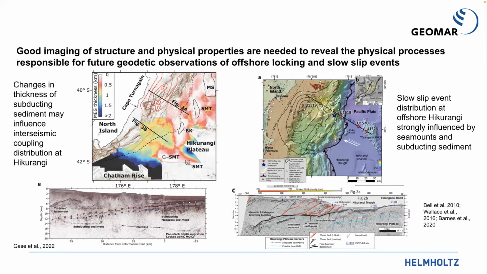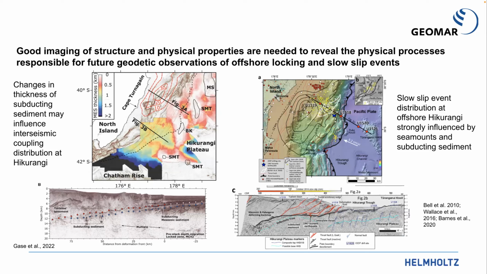On the left, Andrew Gase showed really nicely that we've got sediment subducting in the area of strong locking at the Hikurangi margin, whereas further north, where we have mostly creep, there's not as much sediment subduction, and that's probably influencing the distribution of interseismic coupling. Likewise, at northern Hikurangi, seamounts and subducting sediments are really strongly influencing the distribution of shallow slow slip that we've observed there.